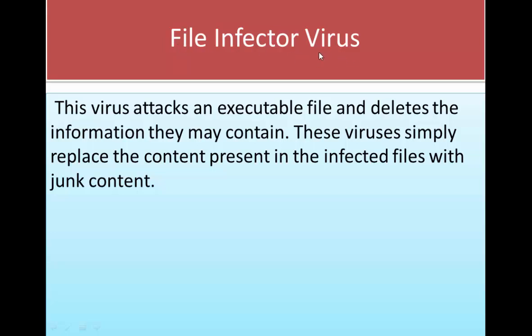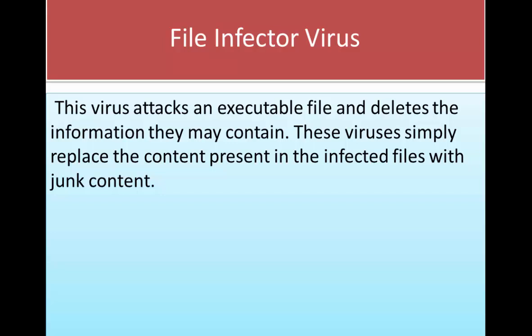Which files? Executable files. What is an executable file? Executable files are the files that are responsible for running the program. So any program that you install in a computer has some executable file.